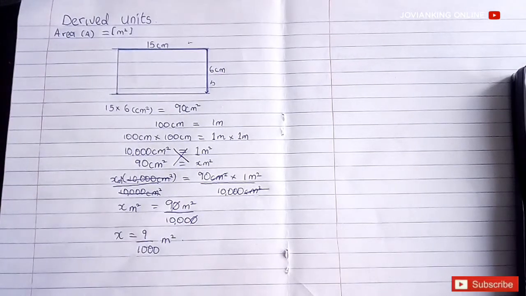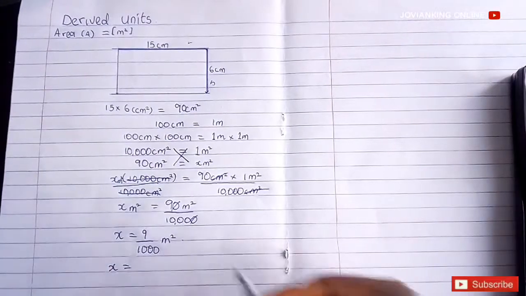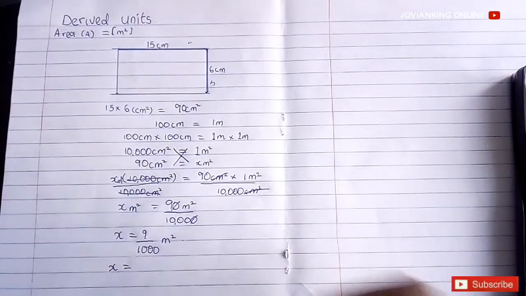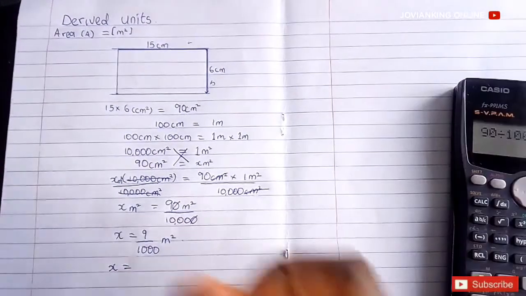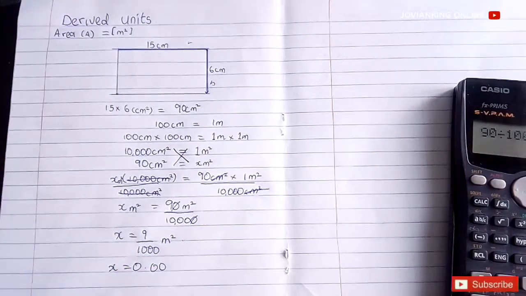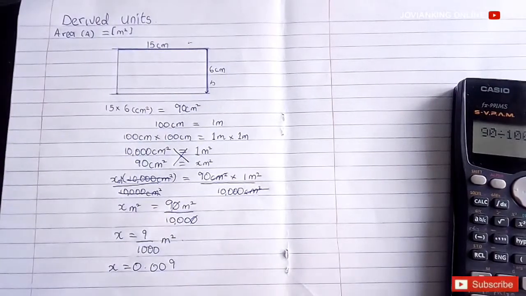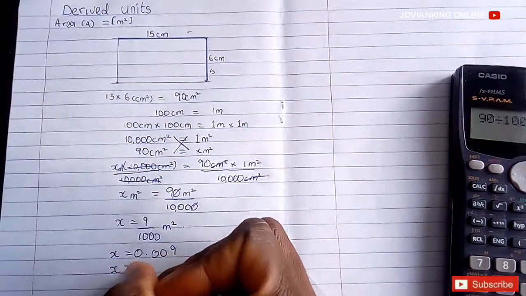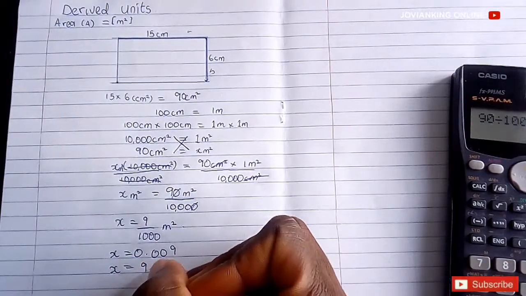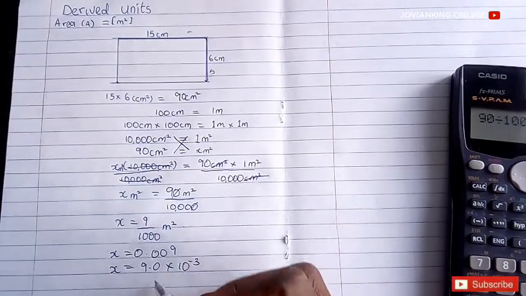From here, you can leave your answer in standard form or in fraction form, any form you like. Let's try converting this to its standard form. S is equal to 9 over 1000. How many zeros are here? 3. So the 3 zeros simply mean 0.009.